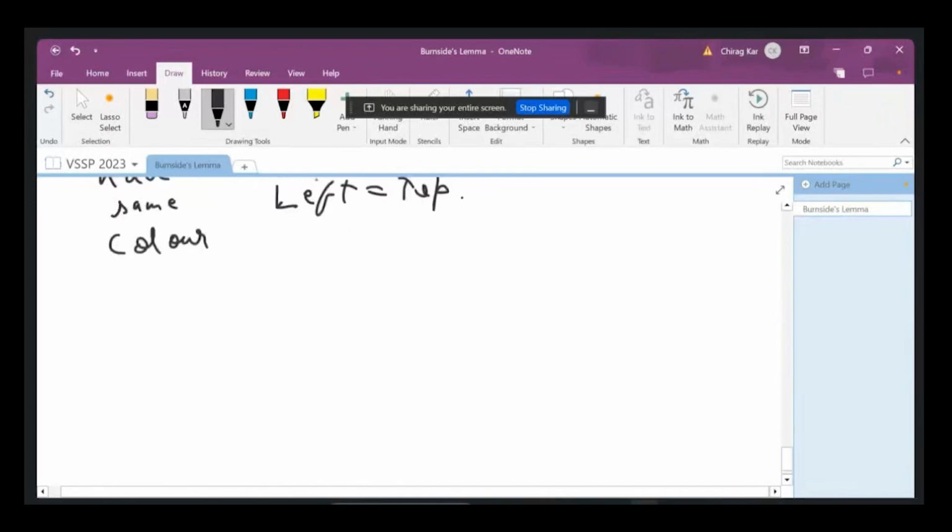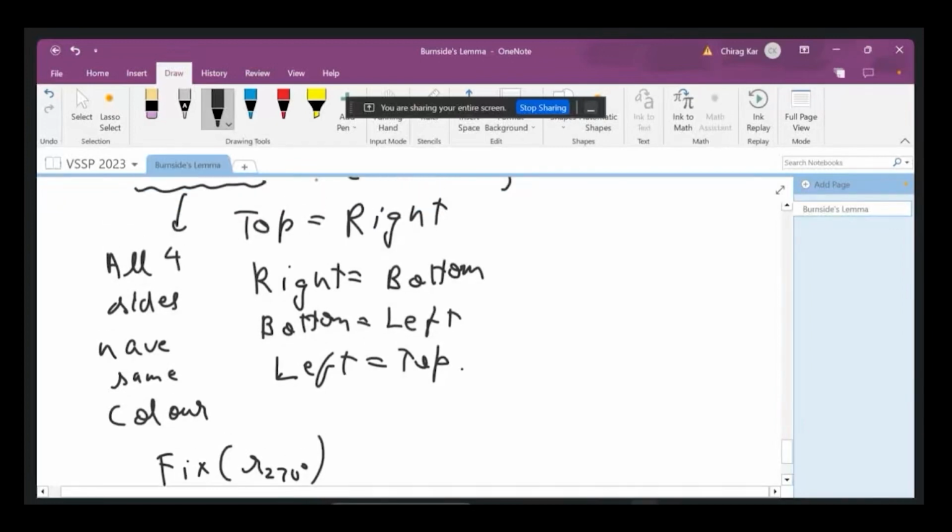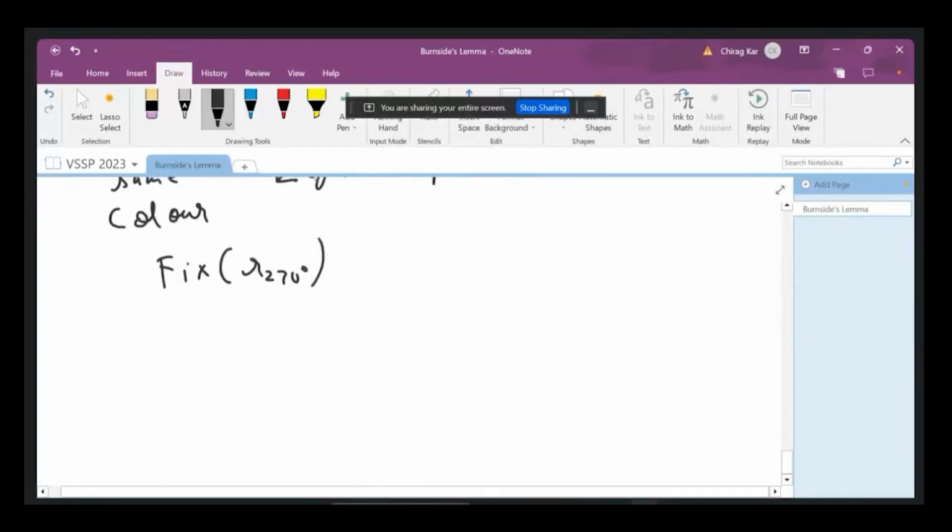Excellent. Similarly, let's look at the case of fix of 270 degrees. If you think about it, it is essentially just R90, but instead of clockwise, an anti-clockwise rotation. I'm going to draw a square over here.